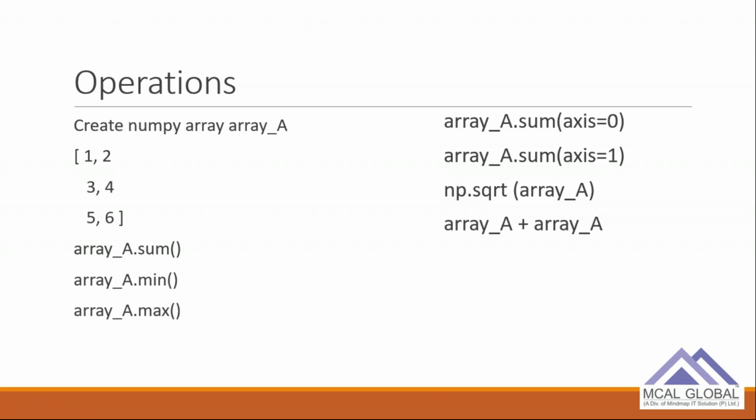If you have a 3 cross 2 matrix, meaning 3 rows and 2 columns, and you sum over columns, it will give you 3 values. The first row will have the addition of the first row first column and the first row second column. Similarly, the second row will have the addition of the second row first column and second row second column. Are you understanding this?